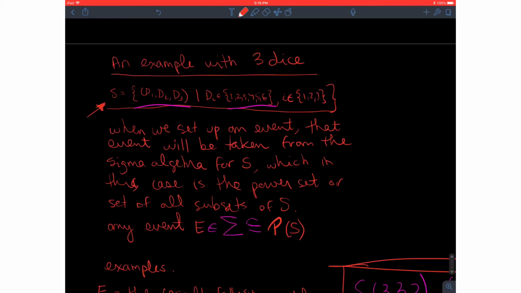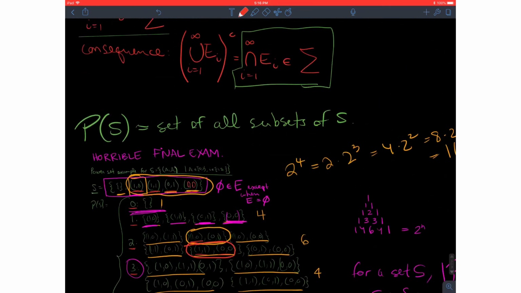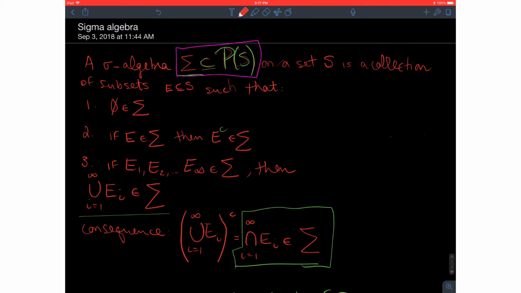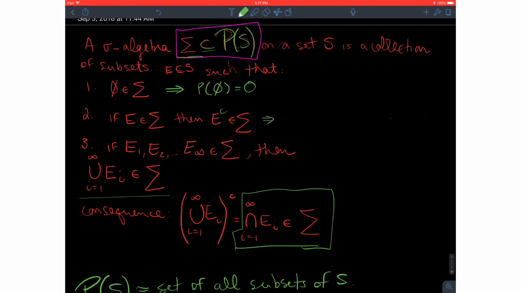Okay, so what's the use of these things? Why is it defined in such a way? Well, the first one is because we want to have probabilities that are equal to 0. And the second one is, if I know that the probability of A happening is something, then I should know that that's equal to 1 minus the probability of it not happening, because something can either happen or it can't.